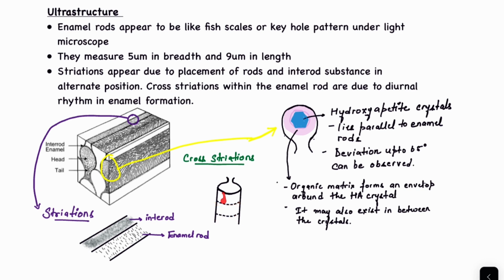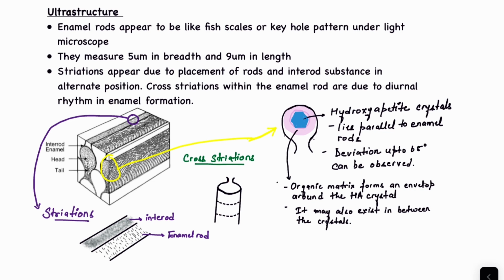If it is a rhythmic deposition, the enamel formed, and then there was a period of rest, and then it was formed, and then there was a period of rest. In that period of rest, there is still enamel forming, but it has a slightly different consistency to the enamel formed in the active period. That's why it appears darker, and they give rise to cross striations in the enamel rod.